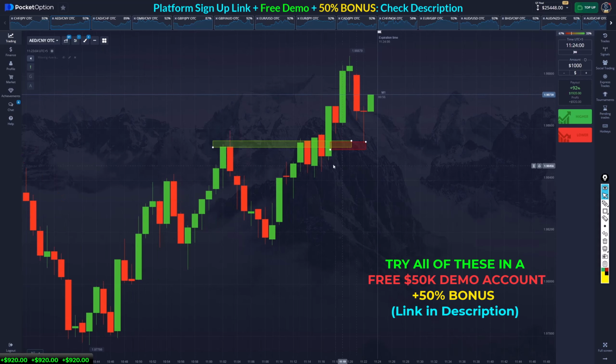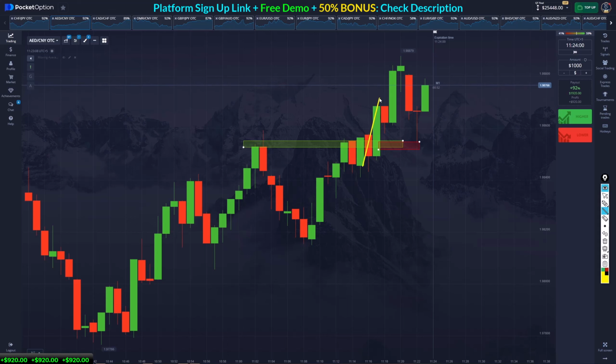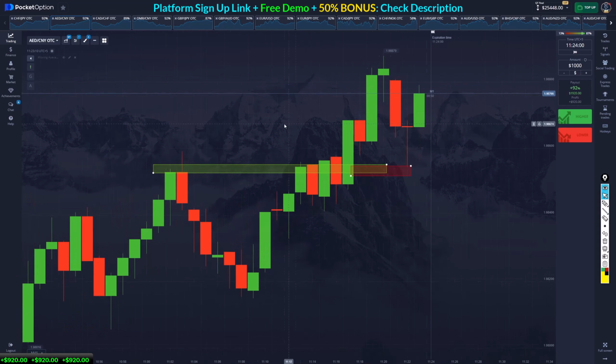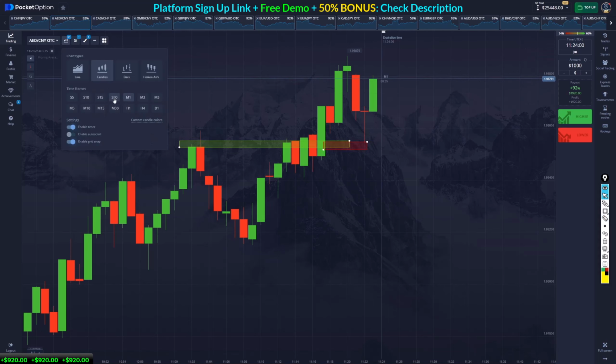This is crazy. Okay, so if you detect ABCs, clean ABCs, and the breakouts associated with engulfing patterns, and look for the supply and demand inside of them, you will be able to have a steady and consistent strategy to make money, okay?